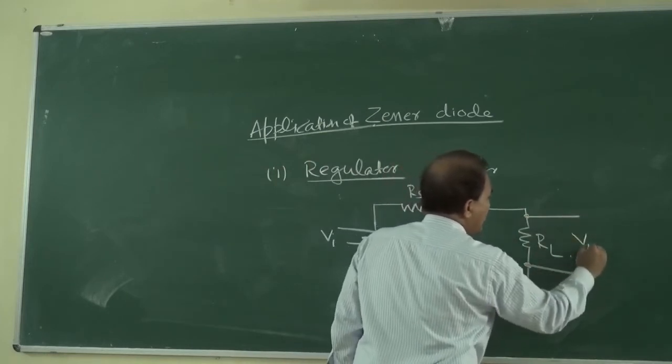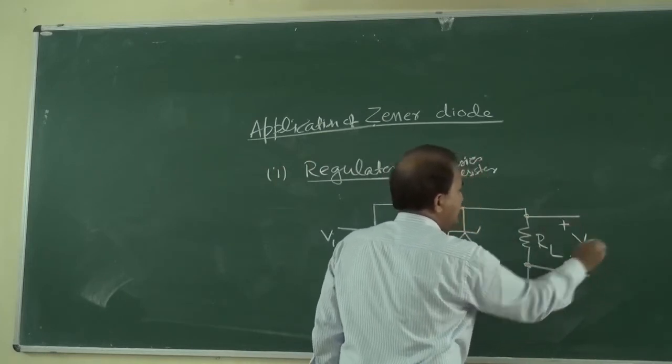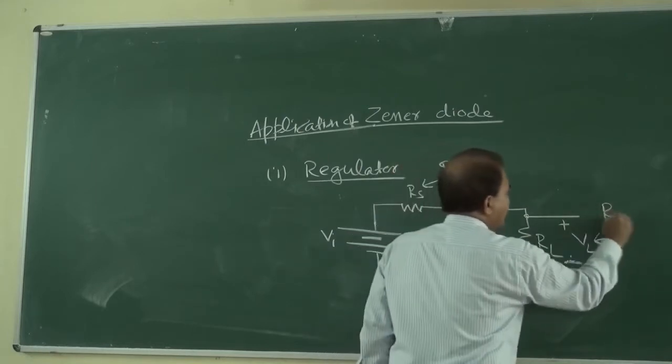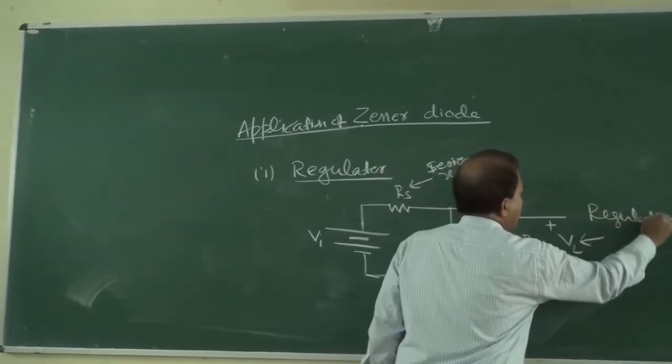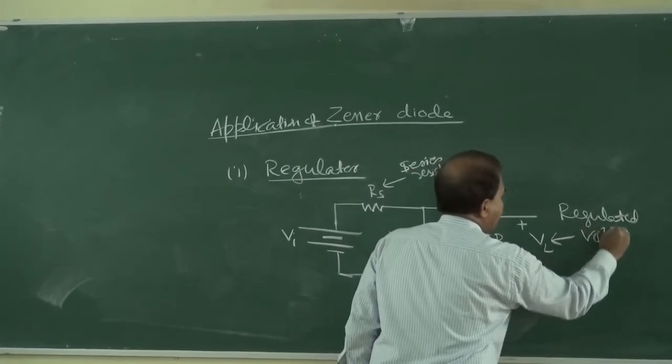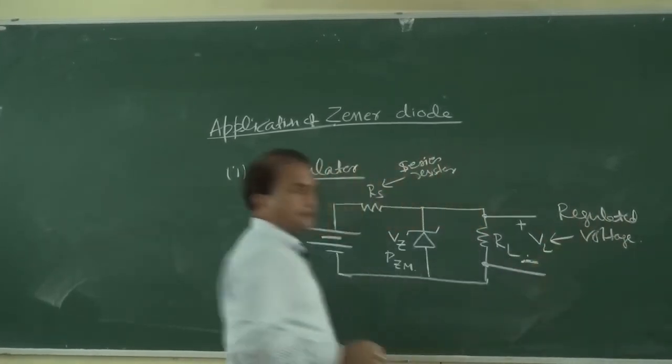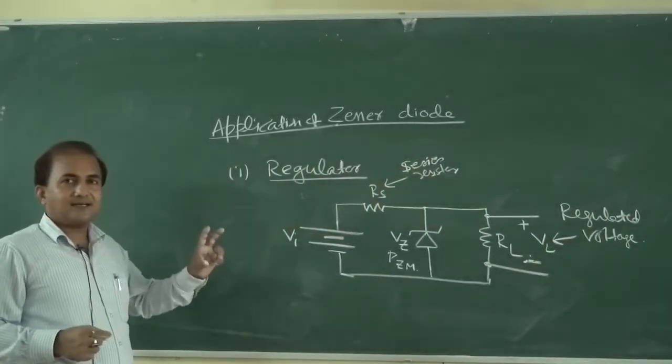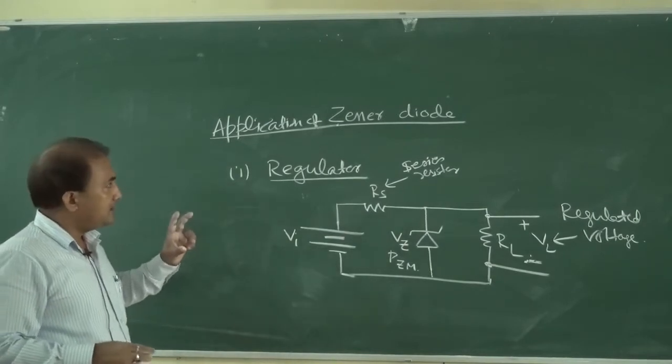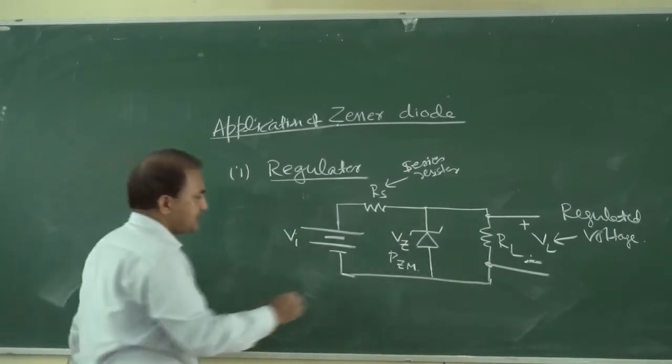Across RL, VL is the output. This VL is the regulated voltage. Okay, so this is the diagram of a regulator circuit.